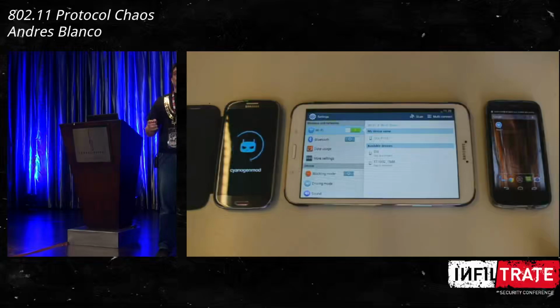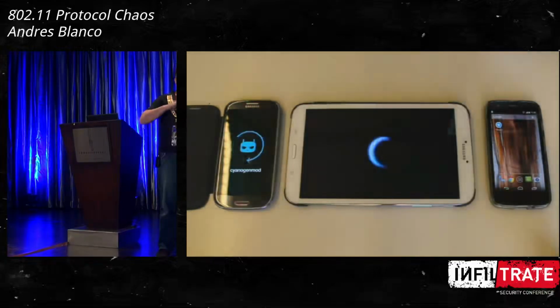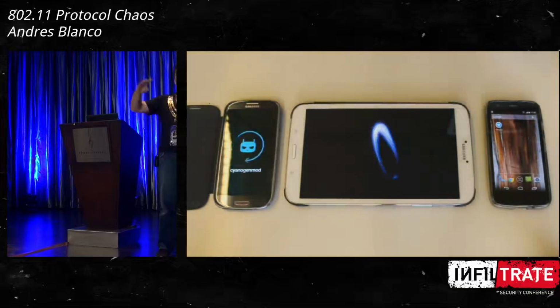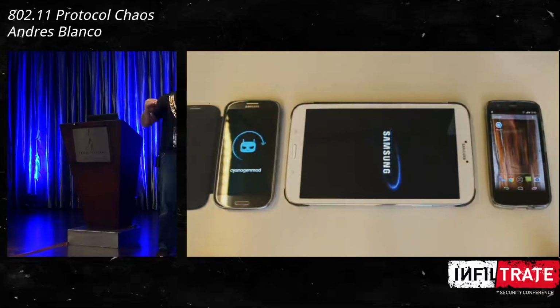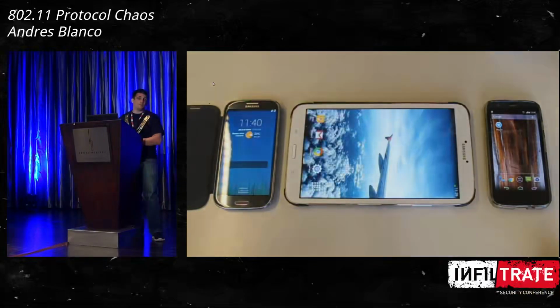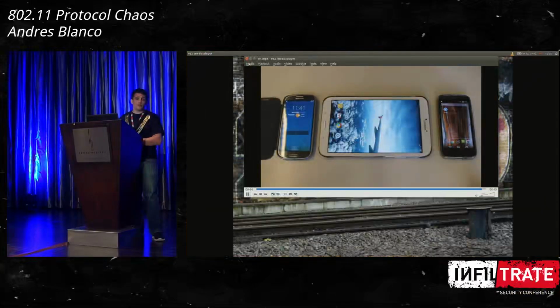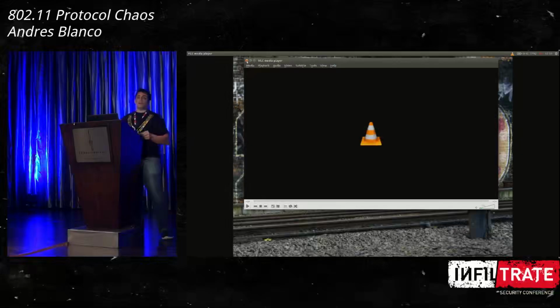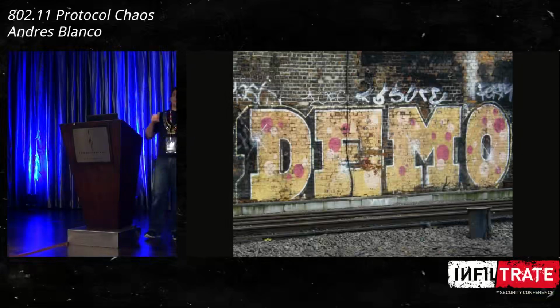This is happening because I'm injecting the frame on one channel, and when devices are in the scanning phase, they are hopping through the channels, and when they encounter this frame, they crash. So again, this is not such a critical bug, but it's a good example of the complexity of the layers of protocols inside the OS.